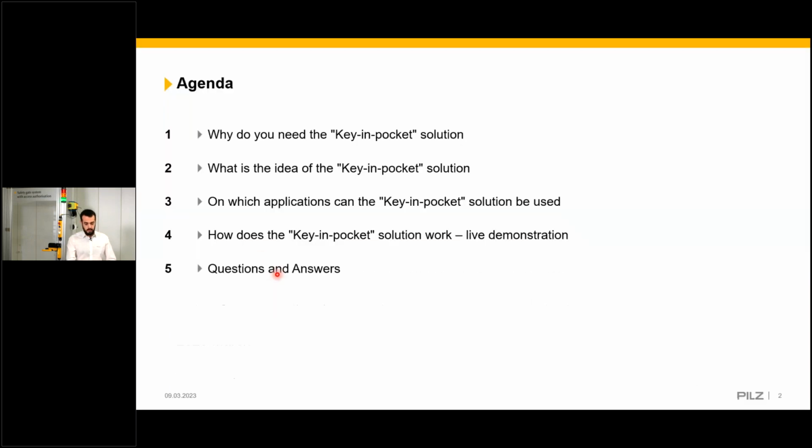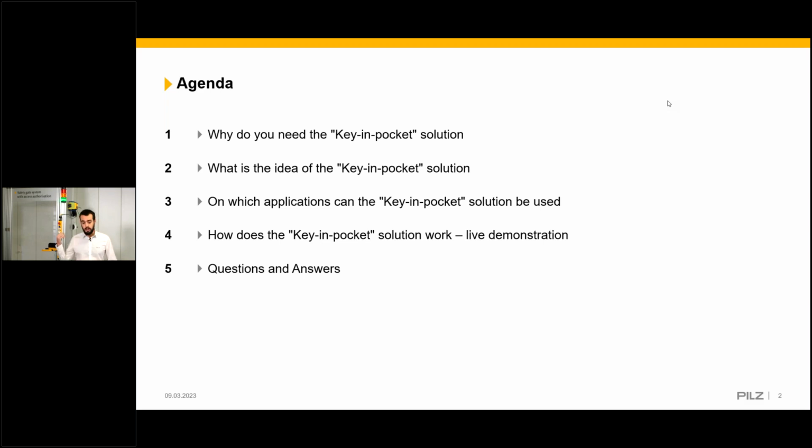Good. So this is the agenda for today. We have basically 5 points. First of all, we'll start with why you might require a key in pocket solution. Afterwards, we will go for what exactly the key in pocket solution is: what are the components, what is the solution, the procedure, etc. Afterwards, we will talk about the applications that can be used and the benefits that this solution has in this application.